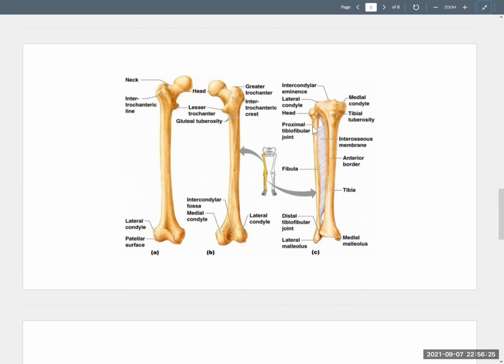If I didn't have the fibula there, and I often don't, here's the medial condyle. How do I know that? Because I'm going to go down and look for this structure that I can barely hold on to with thumb and index finger. That's the medial malleolus, the inside of your ankle. You've hit it before. You've gotten it sore in a pair of tight shoes.